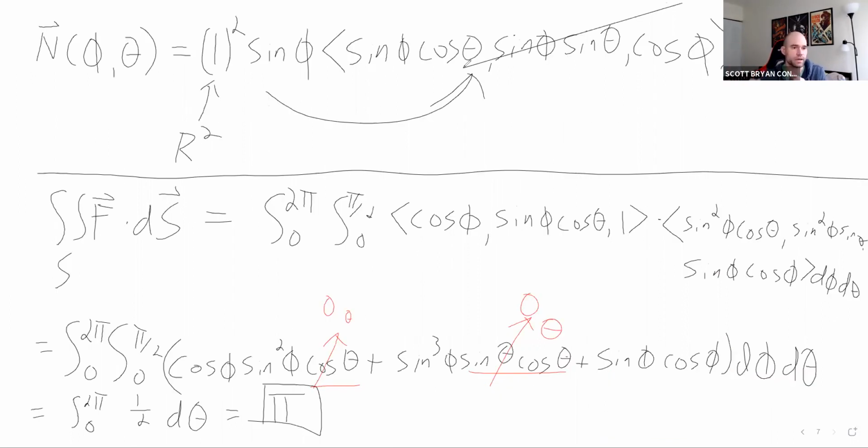So that was the radius squared sine phi times the radial unit vector. Basically your parameterization is the radial unit vector, where you forget about the r everywhere. Then you replace x, y, z with the parameterizations in the vector field, dot it with the normal vector, and then integrate over D, where phi and theta live.